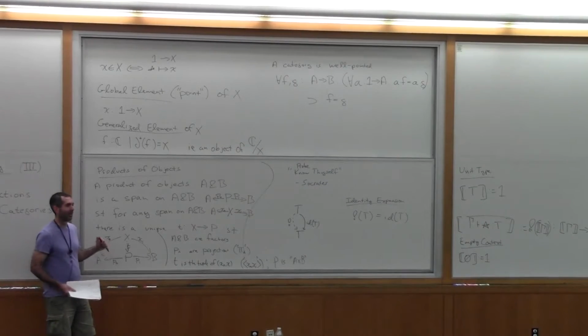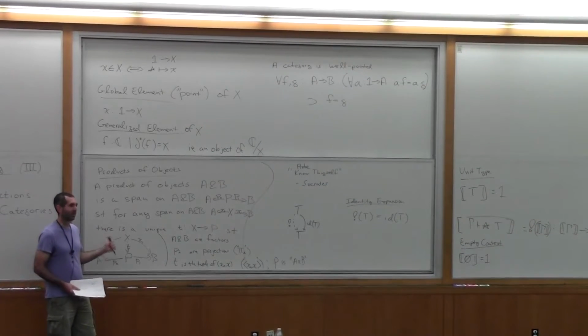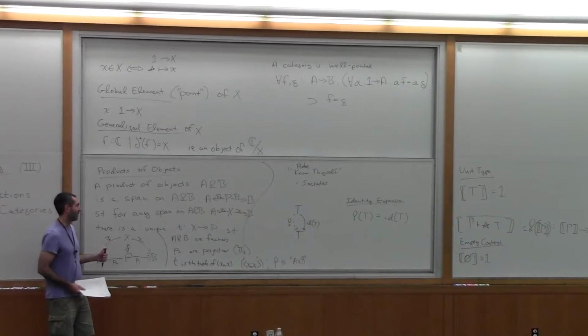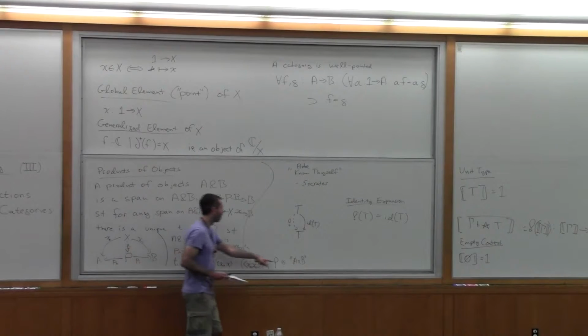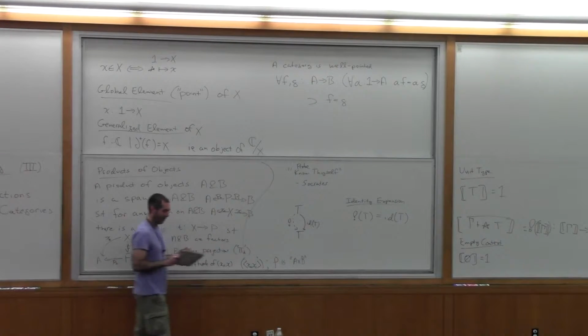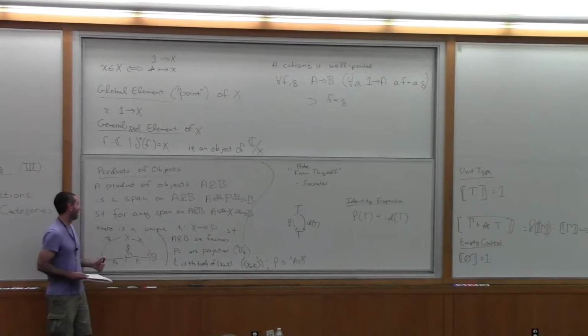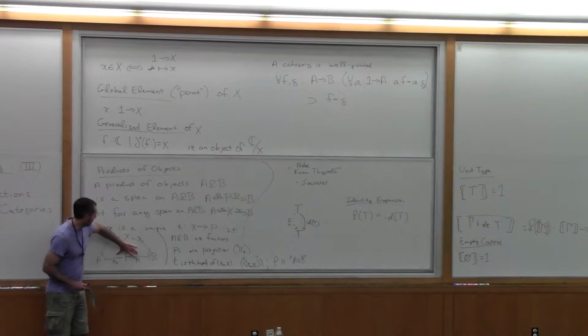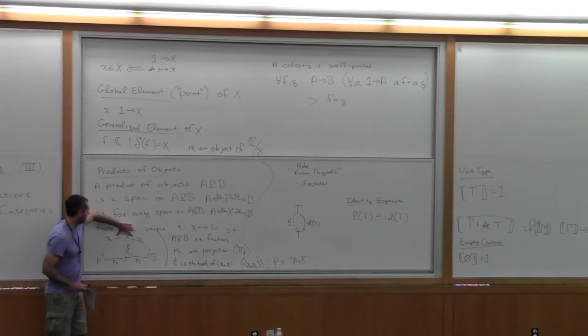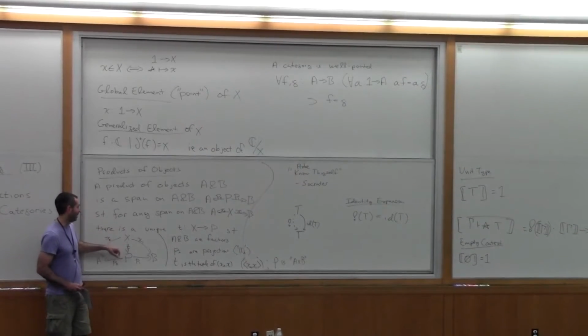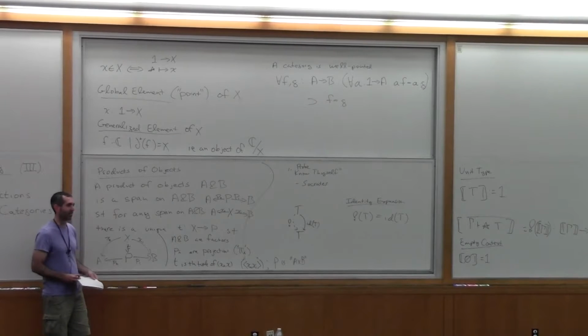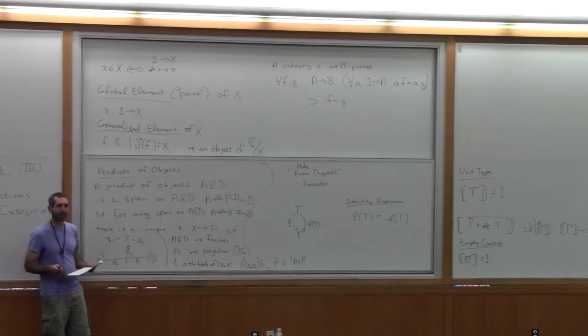Okay, just like the terminal object I generically refer to as 1, a product object I can generically refer to in this notation. Okay? So I know this is kind of heavy, but the picture is what's important. So it says it's a this thing such that for any this thing, which is the same shape, there is a unique map mediating between them such that the diagram commutes. That's what you need to remember.